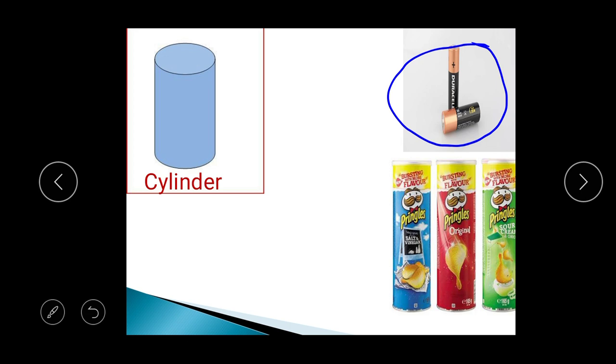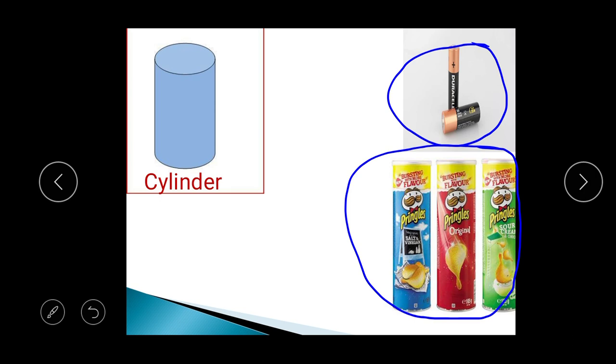Anytime you are eating your Pringles, just know that the container, that means the bottle, is a cylinder, or comes in cylinder shape. Yes, so those are examples of objects that come in cylinder shape. Your battery, your Pringles bottle, and the likes.